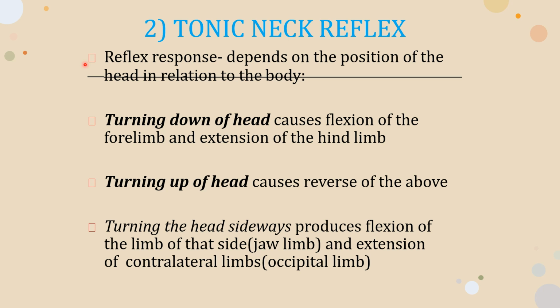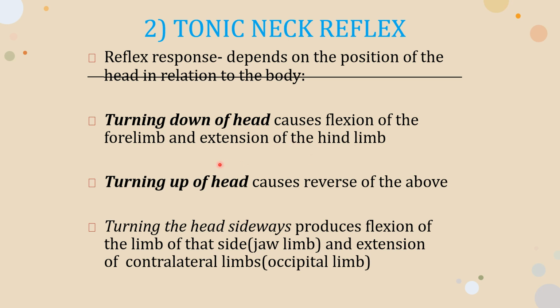In the tonic neck reflex, the response produced depends on the position of the head in relation to the body. When you turn the head downwards, it causes flexion of forelimbs, that is upper limbs or hands. Forelimbs and hind limbs are terms used in relation to experimental animals. If you apply this to human beings, we can call them upper limb and lower limb.